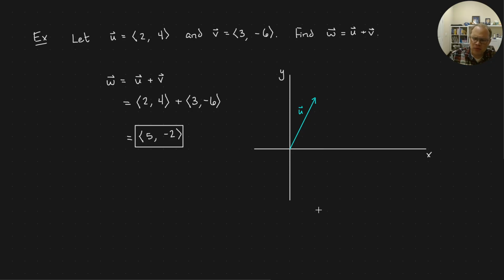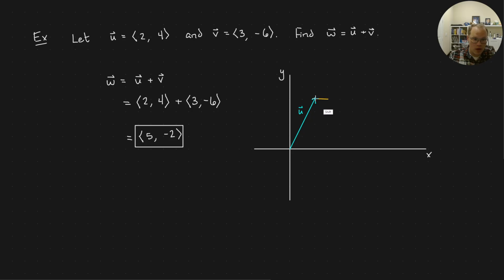And then when illustrating vector addition, it's usually a good idea to draw the next vector, vector v in this case, tip to tail with the previous vector. So I'm going to draw vector v, start with the tail of v at the tip of u. Okay, so v is 3, -6.